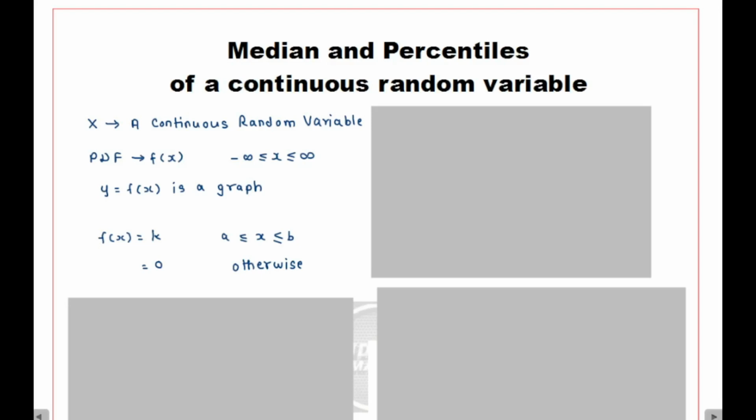So it can be represented by a continuous random variable, correct? That continuous random variable will be defined by its own probability density function, PDF, which is nothing but f of x, defined for all the real values of x, correct?